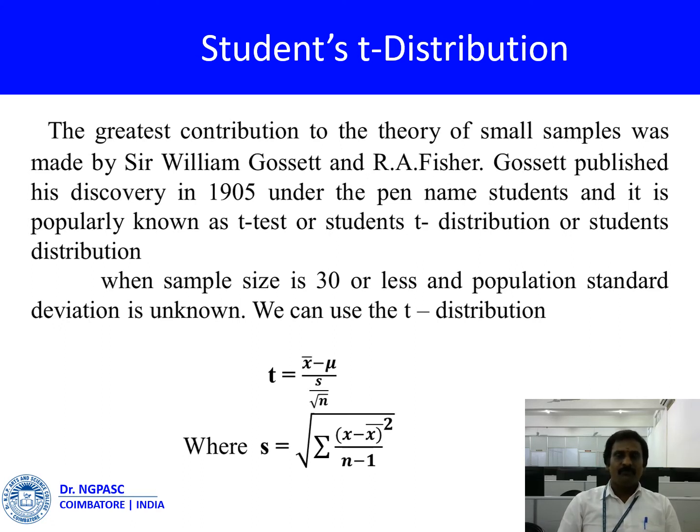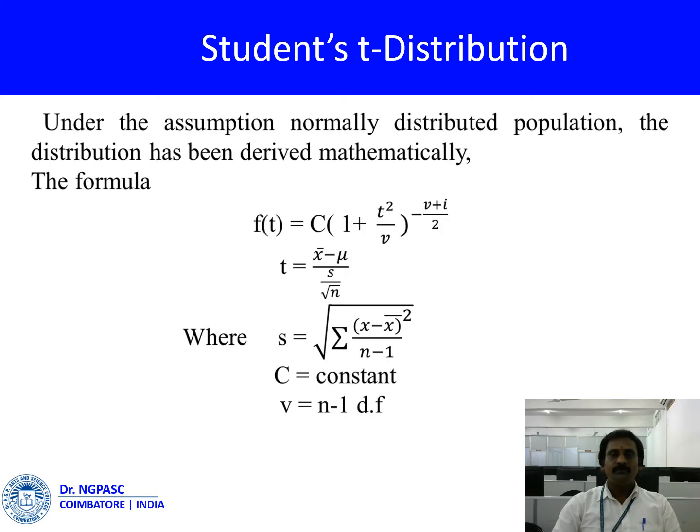t-distribution, where t is equal to x bar minus mu divided by s by root n, where s is the sample standard deviation, root of summation x minus x bar the whole squared by n minus 1. Under the assumption of a normally distributed population, the distribution has been derived mathematically.